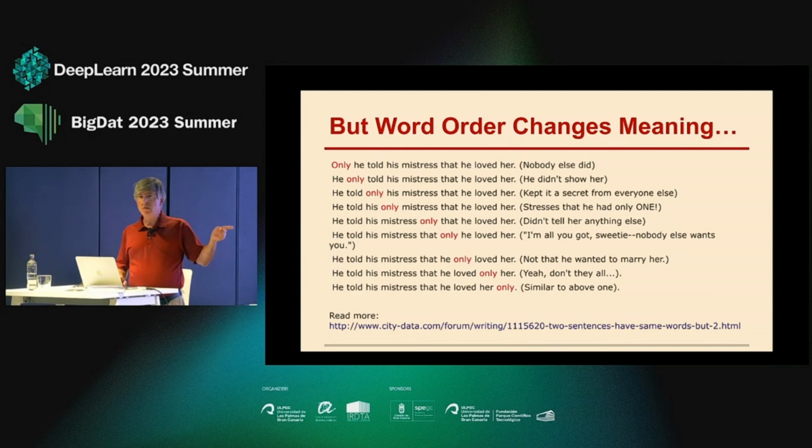Wherever you slide the word only, you get sentences that mean something different. Did everybody see that? For example, he only told his mistress that he loved her. He told her this, but he didn't show it.